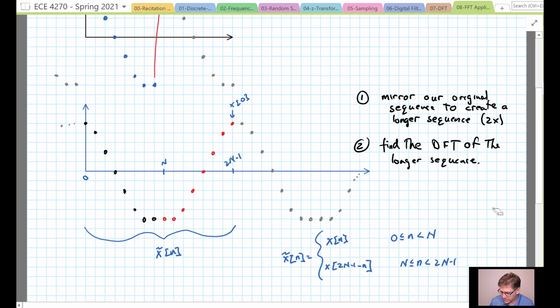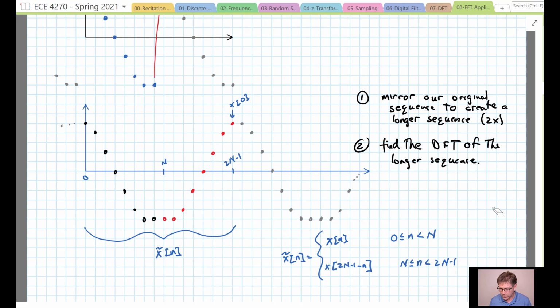And they lead to different definitions of the DCT. There's the DCT1, which is this method I just showed you, the DCT2, which is the one I'm showing you right now, and also a DCT3 and a DCT4. So we're just going to spend our time working on this particular one right now.